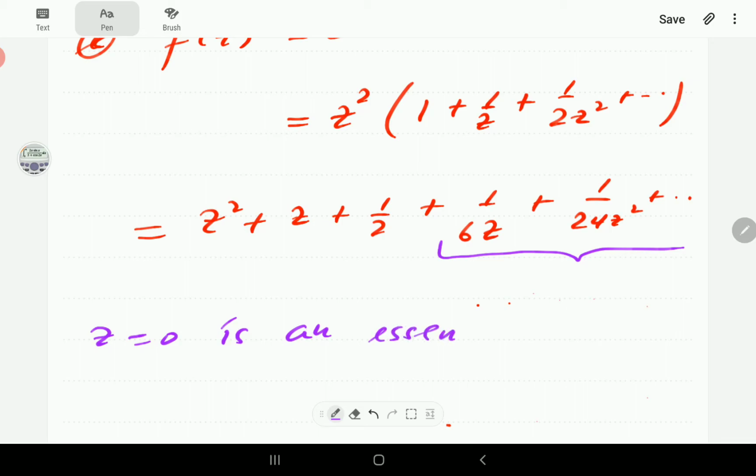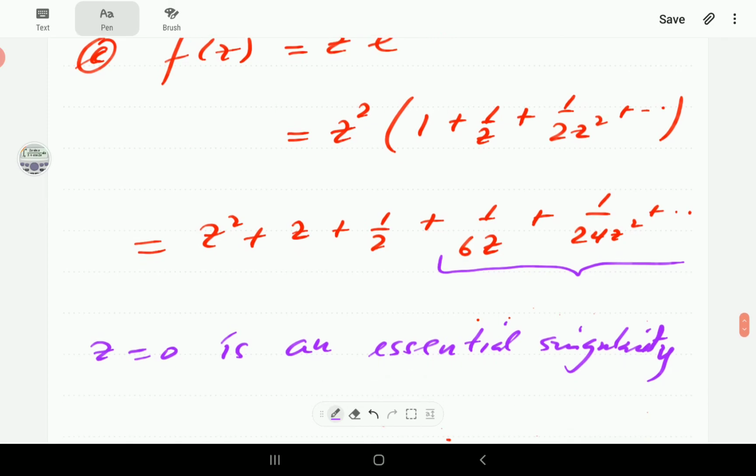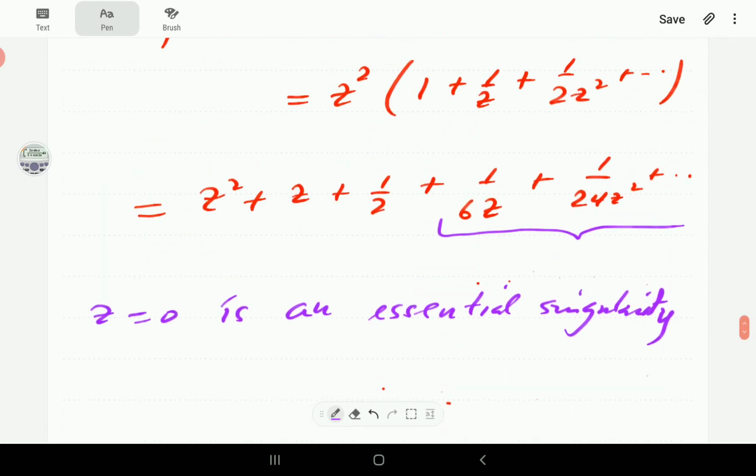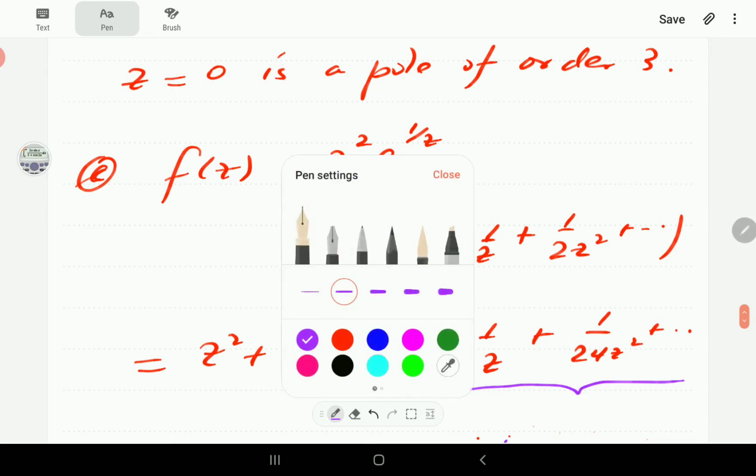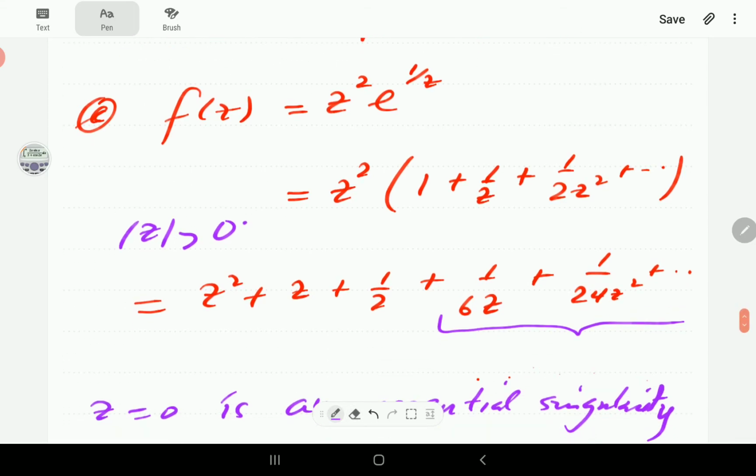So this is an essential singularity. And of course the region in which this is going to be convergent is everything bigger than 0, magnitude of z bigger than 0.